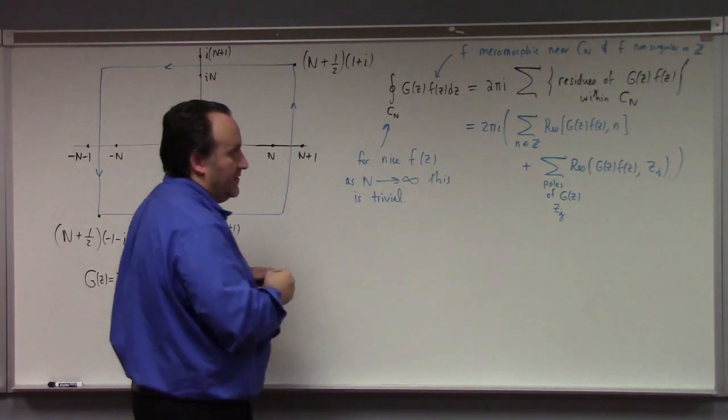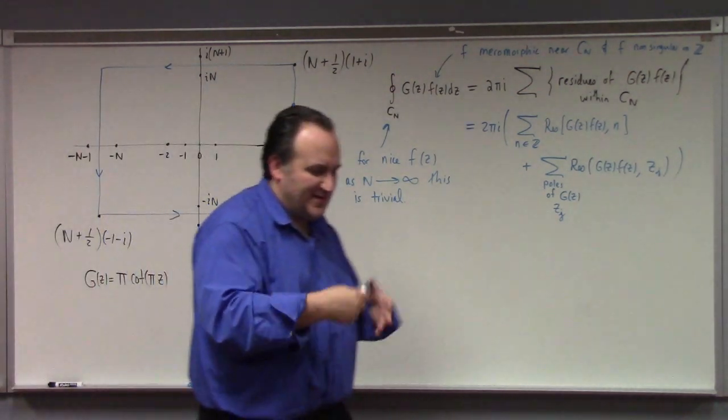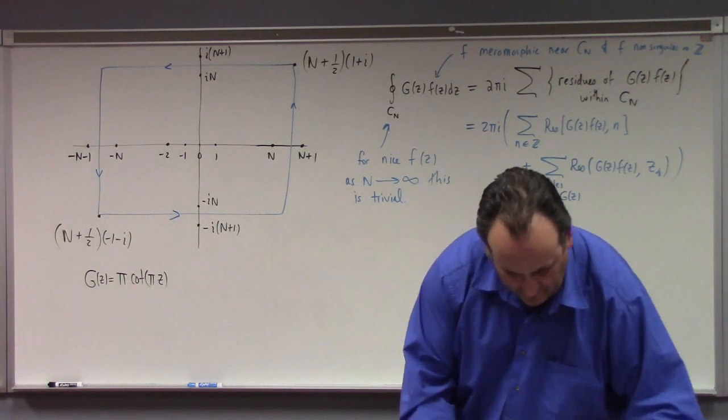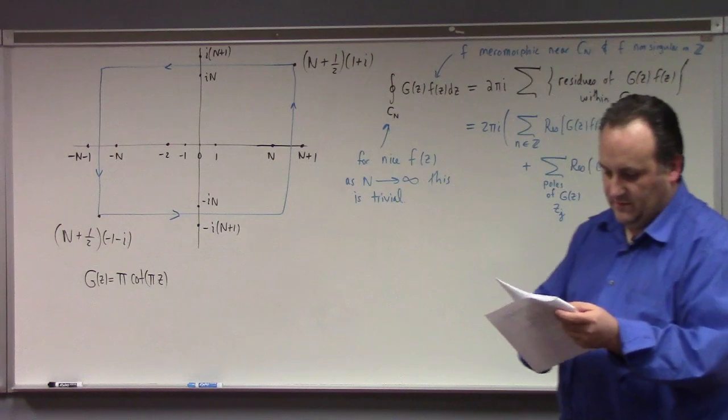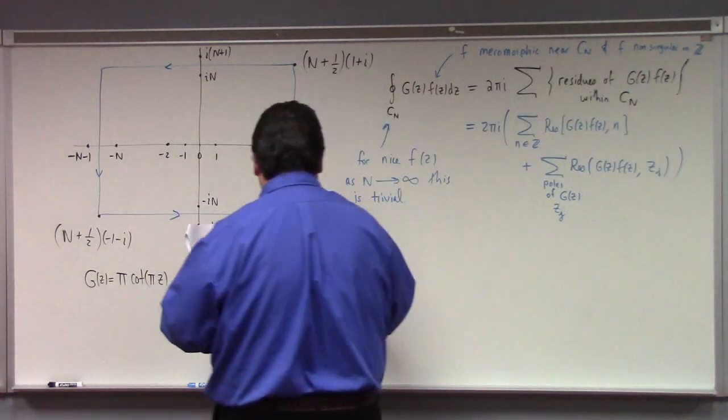In other words, that goes to 0. Now, what would a nice enough f of z be? Well, in particular, let me see if I could find you a specific. So here's the statement of the theorem.